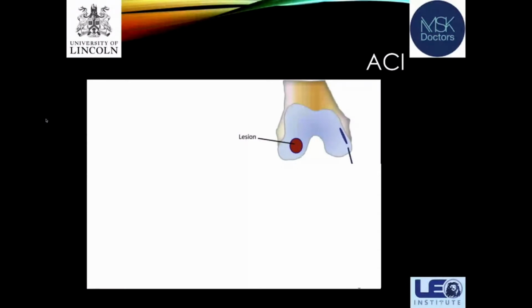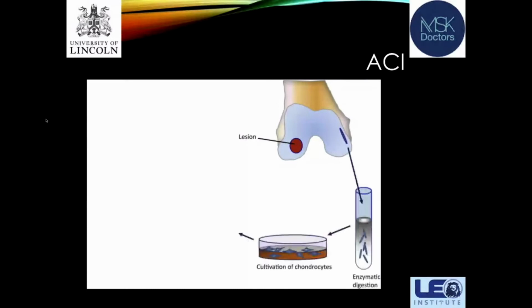So what it is essentially, if you look at this knee here, you can see the red bit is the lesion. What we can do is take the blue stuff there, which is healthy cartilage, on the very, very outside of the knee, which is the non-weight-bearing area. We take that and put it into the lab for culture.